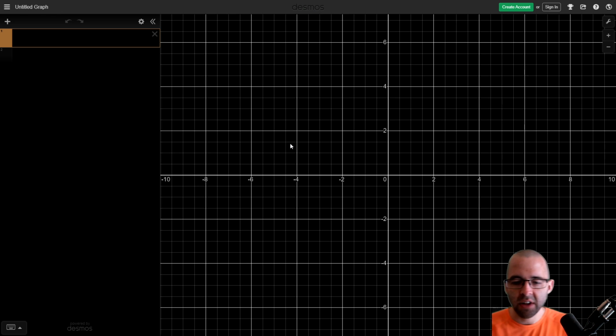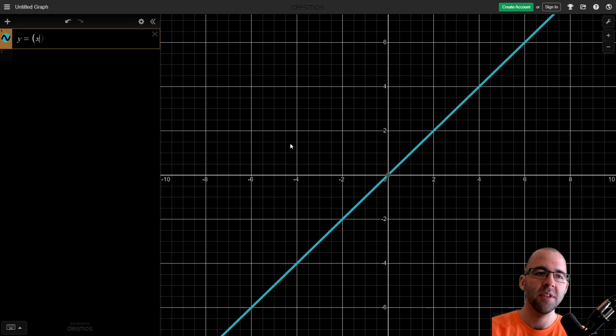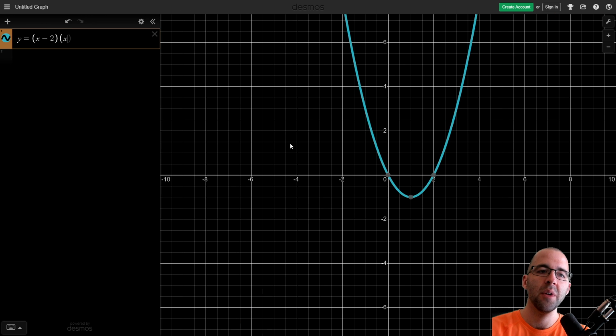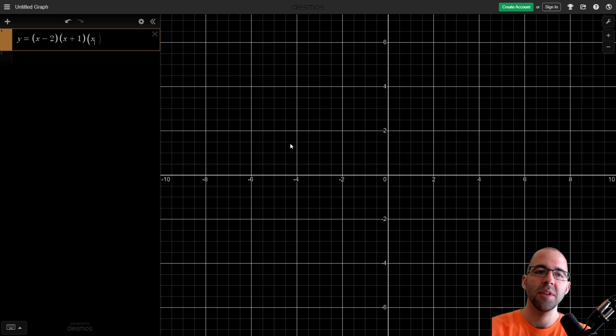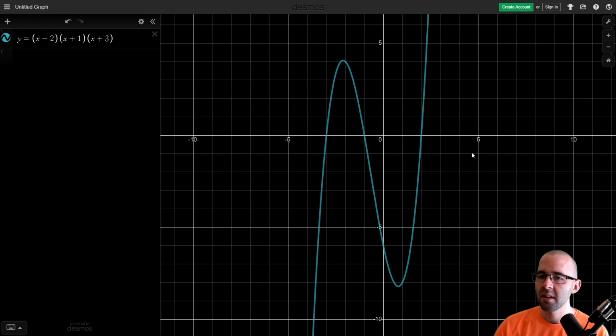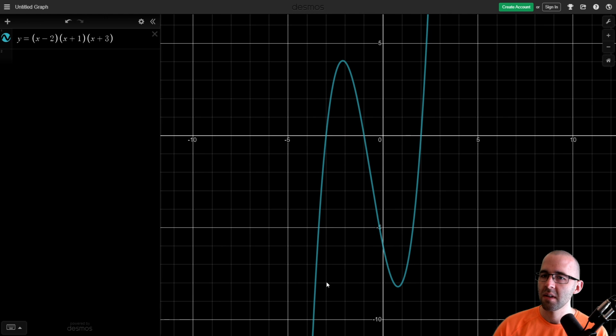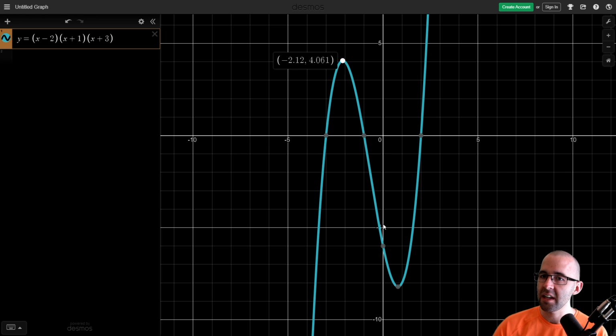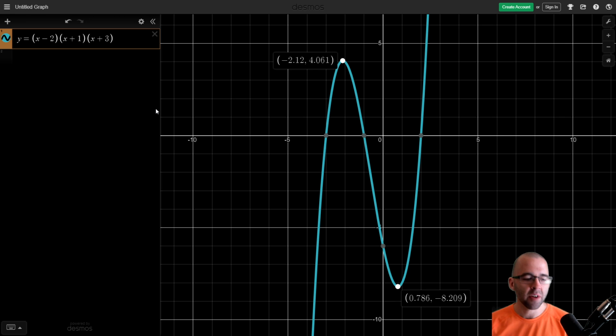Let's look at x minus 2, x plus 1, x plus 3, why not? This is a cubic polynomial, and it has this wavy shape. Remember, turning points are here and there. So the property says a polynomial of degree n has at most n minus 1 turning points and n intercepts.